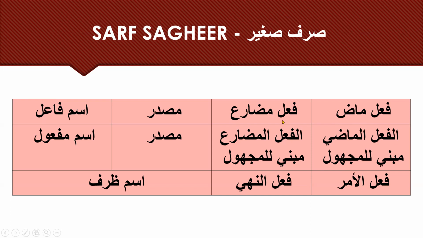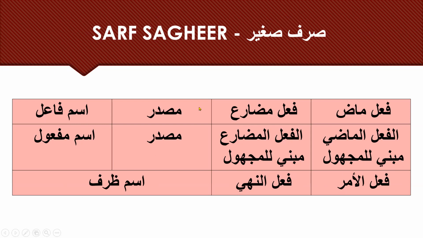فعل ماضي, فعل مضارع, then مصدر, then اسم فاعل. Then on the next line, فعل ماضي مبني للمجهول, then فعل مضارع مبني للمجهول, then مصدر, then اسم مفعول. And then the last line will be for فعل أمر, فعل نهي, and for اسم ظرف.